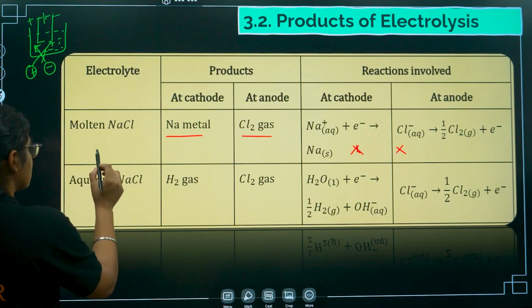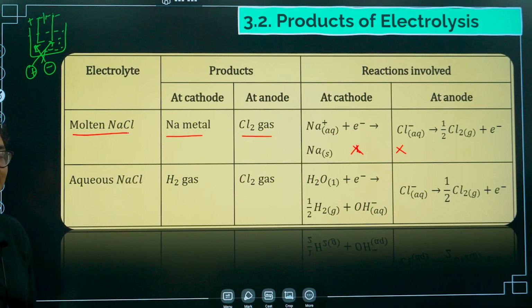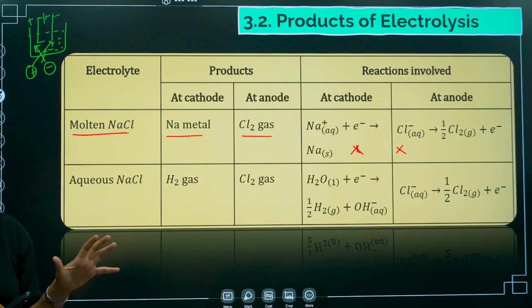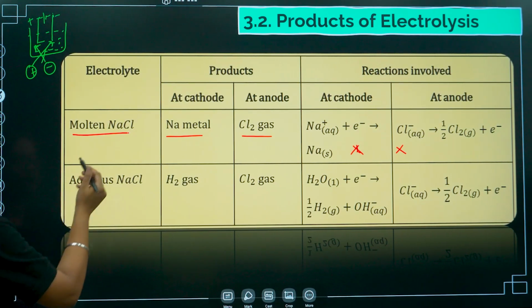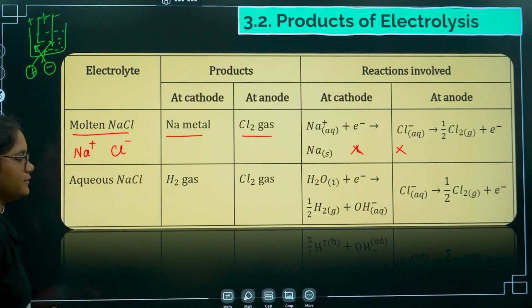So for example, for molten NaCl, I'll just explain what is molten NaCl. Molten NaCl means there is pure NaCl, so we do not have any water content in that. So now if you have pure NaCl, it will be Na plus and we have Cl minus, right?